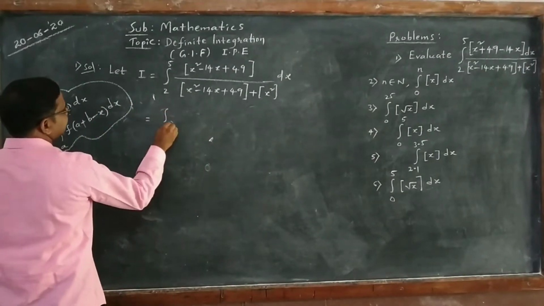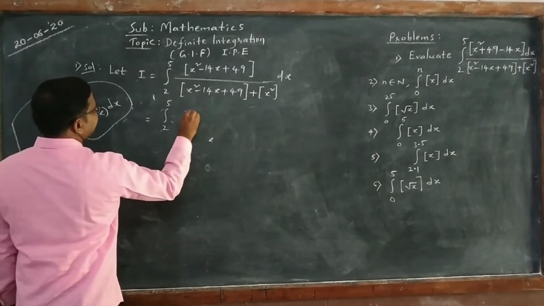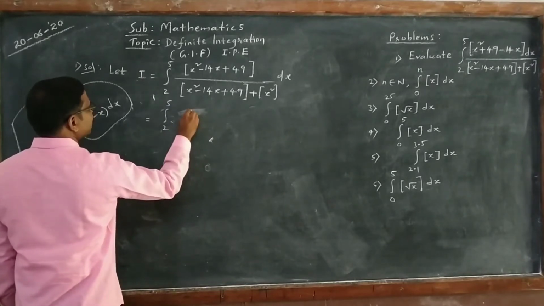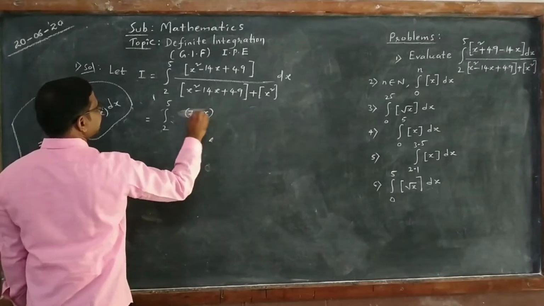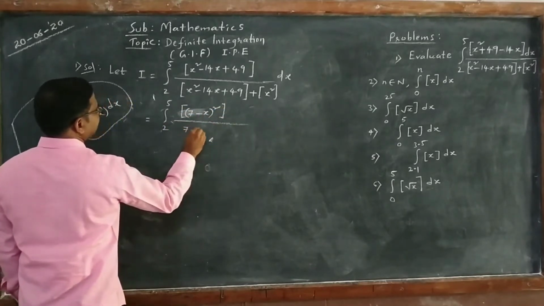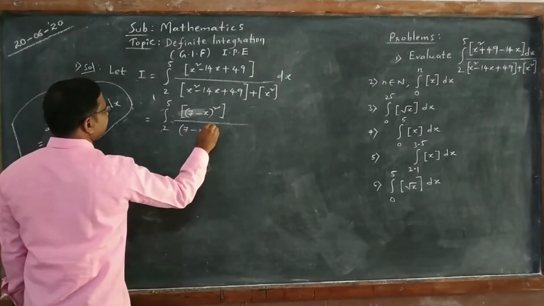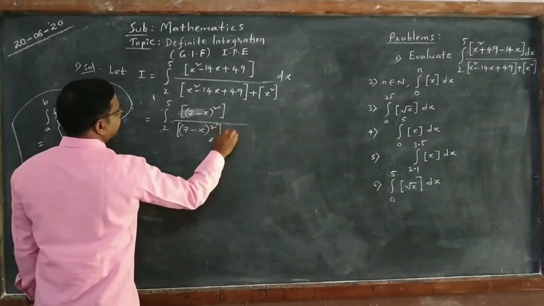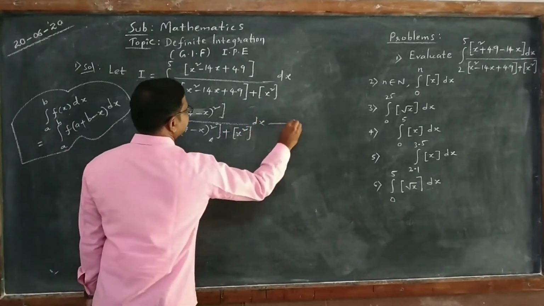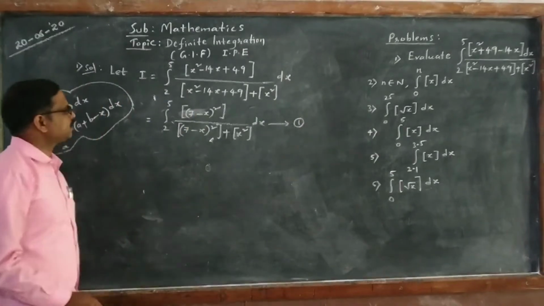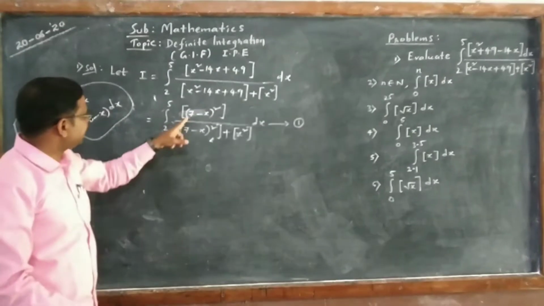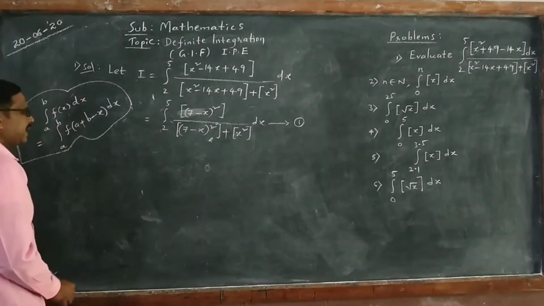Before that, I can write x² minus 14x plus 49 as (x minus 7) whole square or (7 minus x) whole square, no problem. So equation 1 is the integral of (7 minus x)² upon (7 minus x)² plus [x²] dx. Is that clear? Because a² minus 2ab plus b² is (a minus b) whole square, right?